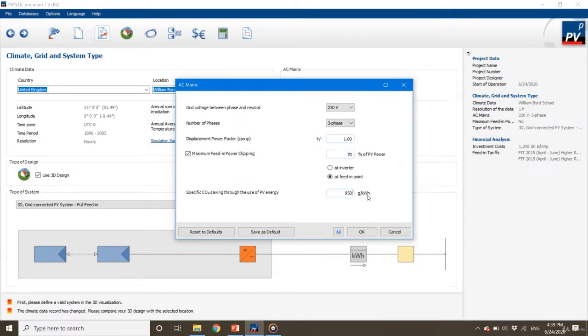PVSol could calculate the total yield in kilowatt hour and how much emissions you could save by using the solar system. You could create a model to calculate emissions from PV systems and emissions from coal electricity and put the results in the emissions saved.